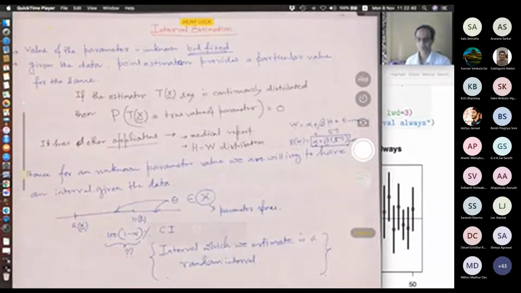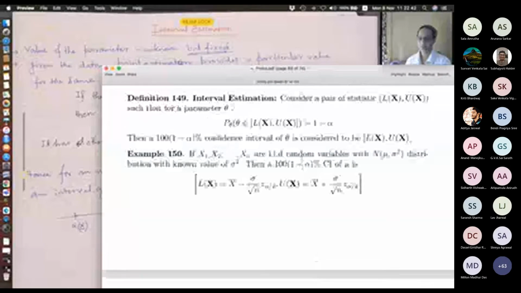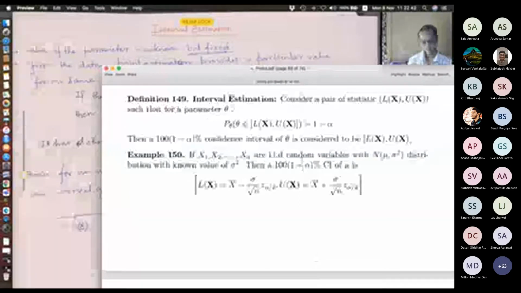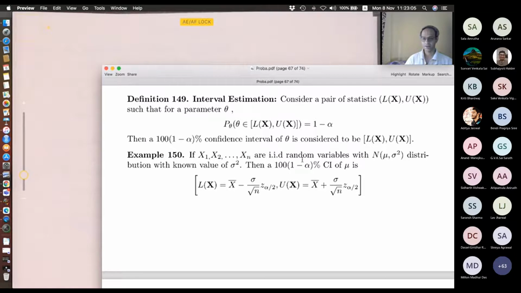So now I'm going to describe the method for this simple case. This is the idea: consider a pair of statistics, Lx and Ux. Both of them are individually a function of data or known parameters, such that the probability that the true value of the parameter belongs to that interval is 1 minus alpha.